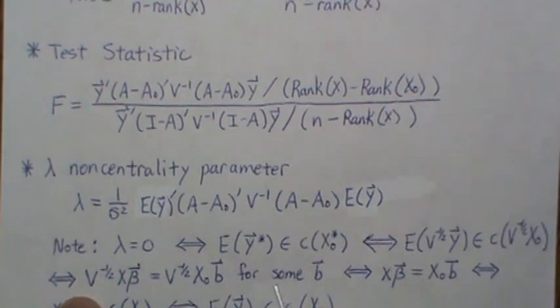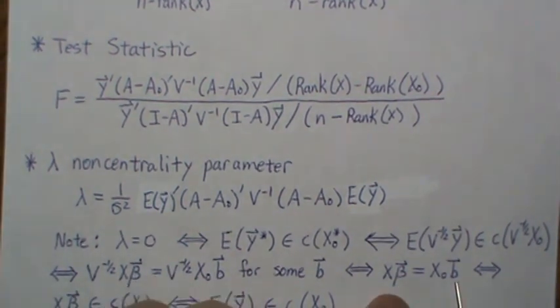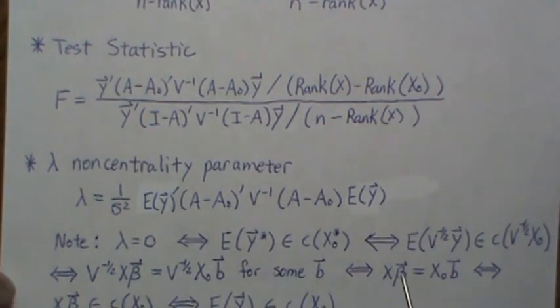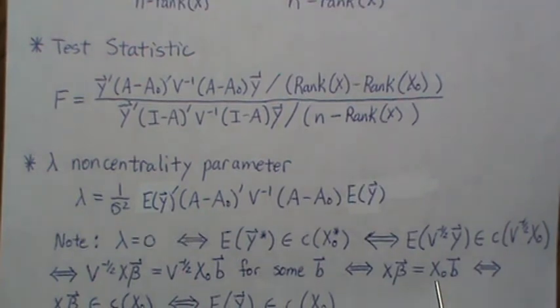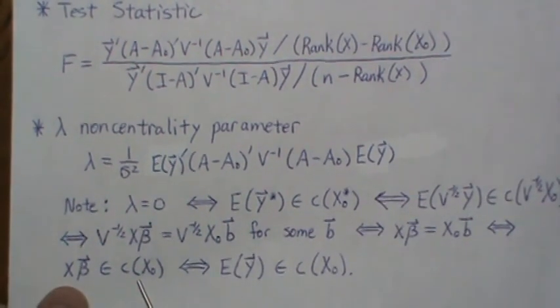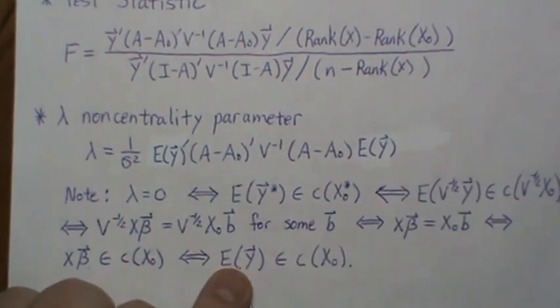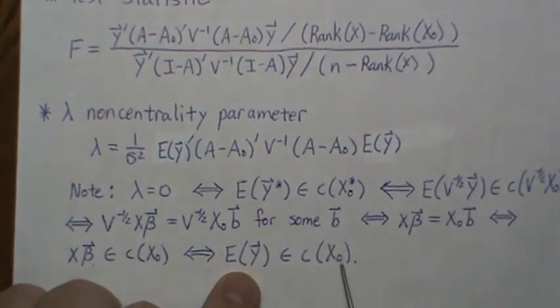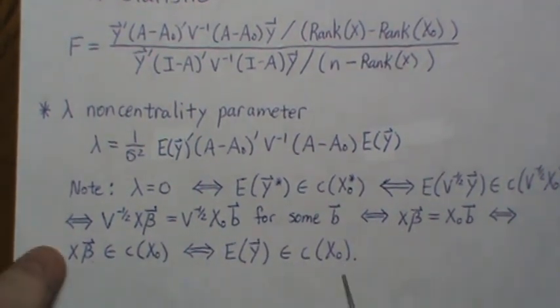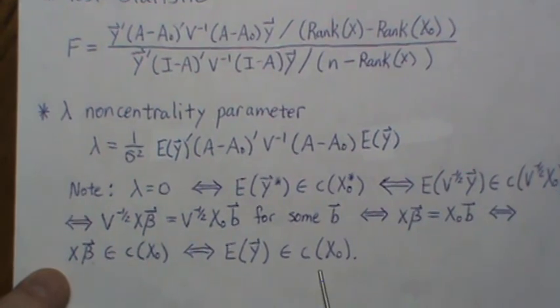Then we can post multiply by V to the 1/2, and we get this. But this is saying it's a linear combination of the column space of X. That's the mean of Y, and it's in the column space of X. And so it's true that in the reduced model, if the expected value is in the reduced column space, then the non-centrality parameter is 0, and vice versa.